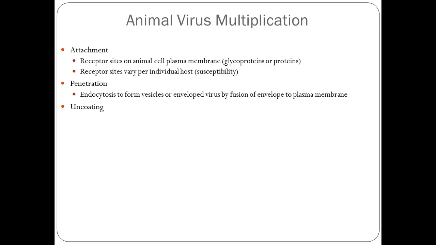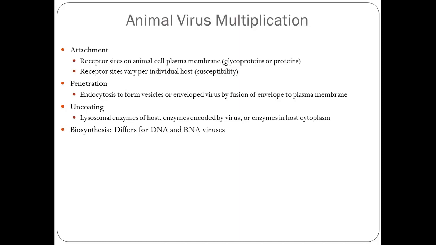The next step is called uncoating. Uncoating is done by the viral or host enzymes. So lysosomal enzymes of the host may do this. Enzymes encoded by the virus or enzymes in the host cytoplasm will basically cause the separation of animal virus genomes from their protein coats. Okay, so the separation of the animal virus genomes from their protein coats occurs inside the cell.